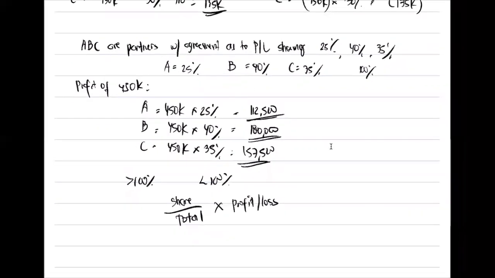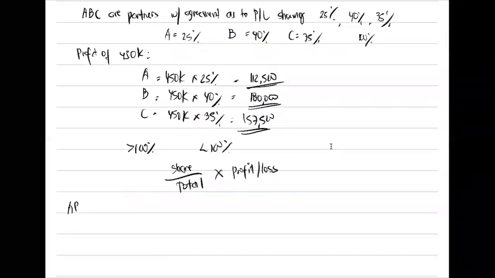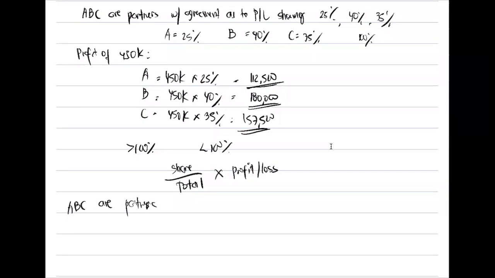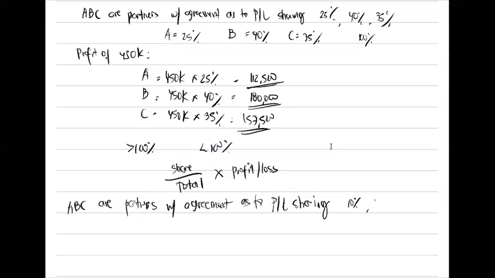Okay, so for example, A, B, C are partners with agreement as to profit or loss sharing of, let's say, 10%, 30%, and 20%.